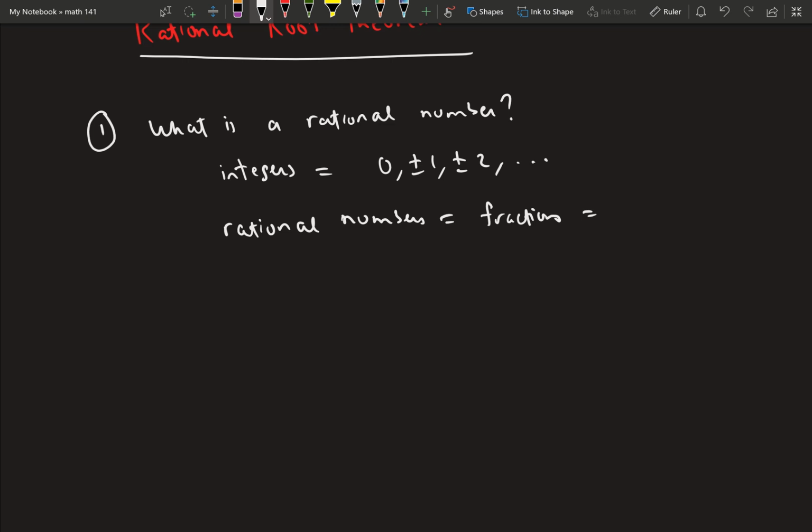So this includes all integers, because all integers can be written as the integer divided by 1, as well as things like a half, or 3/7, or negative 9 over 120, and so on and so forth.